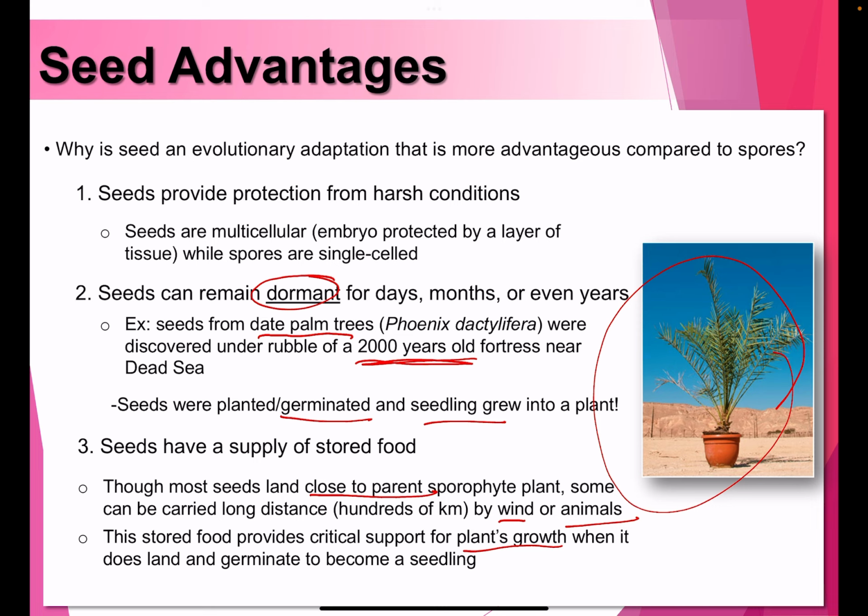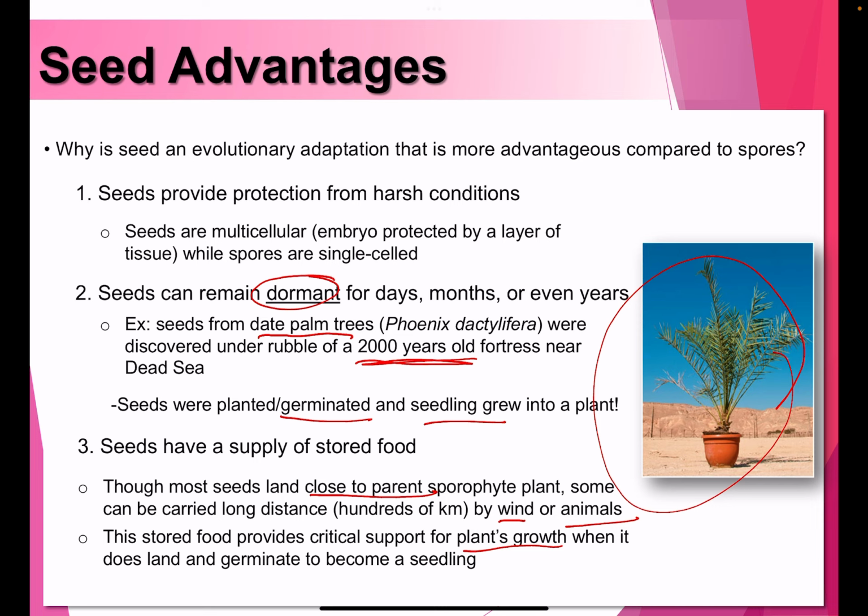Since they can't survive through the winter anyway, might as well save all that energy and be dormant until spring arrives. So even though corms can be stored away in a dry environment, they can only be stored for months. After months they go bad and they might not become a very healthy plant again.